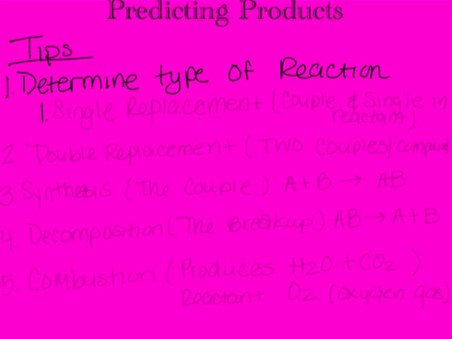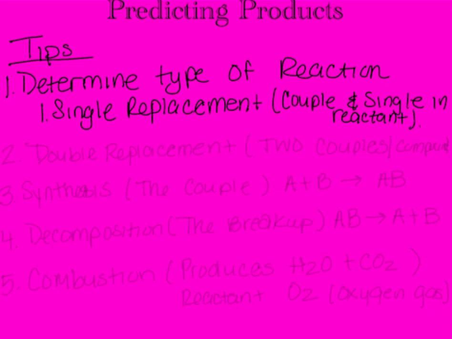So we have single replacement, which I like to call the reaction where you start off with a couple and a single in the reactant, and one person gets replaced in the product.